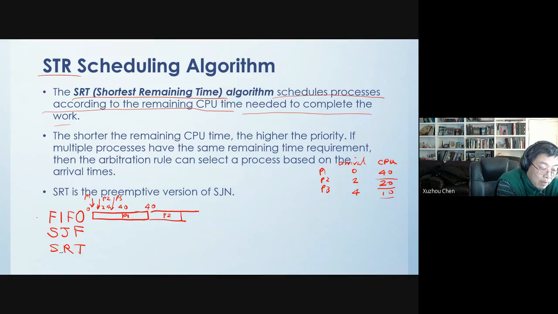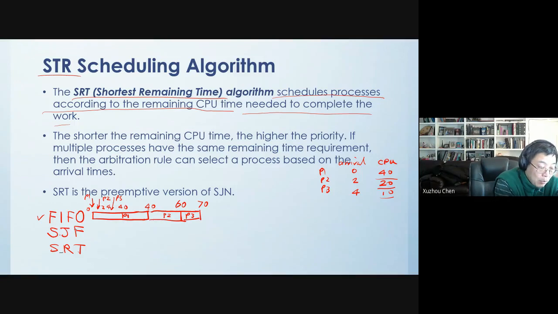It runs for 20 time units, so process 2 finishes at time 60. Then process 3 takes 10 time units and completes the job. So all the processes complete the job at time 70, and process 1 actually finishes first.